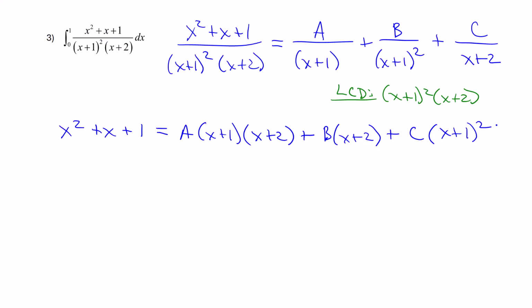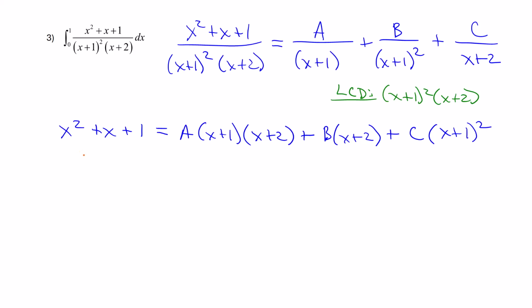Now at this point, again, it looks like there'd be a lot of work to do if you want to go the route we took in the previous example, where you expand the right side completely and line everything up with all the terms on the left side. It may be possible to do that for this one, but I want to show the maybe shortcut method that you can use during partial fraction decomposition that I think is just a lot quicker in this case.